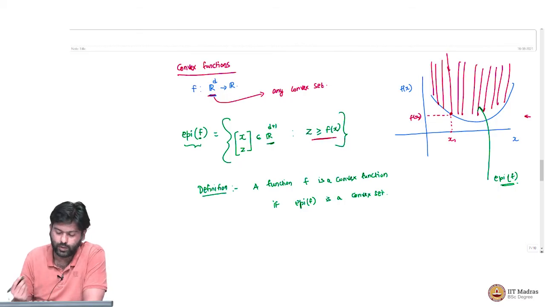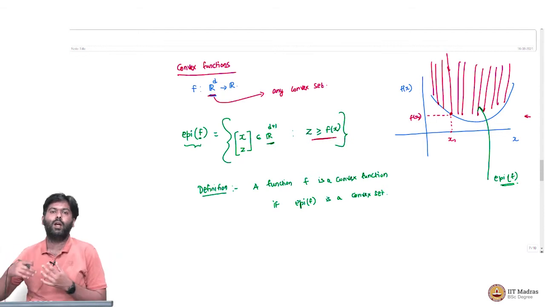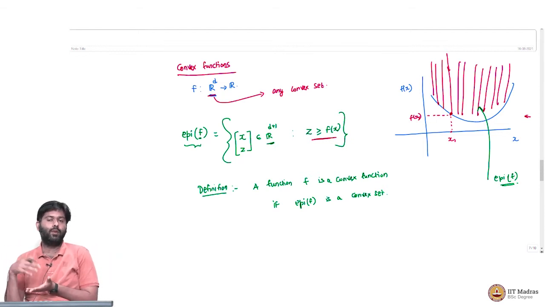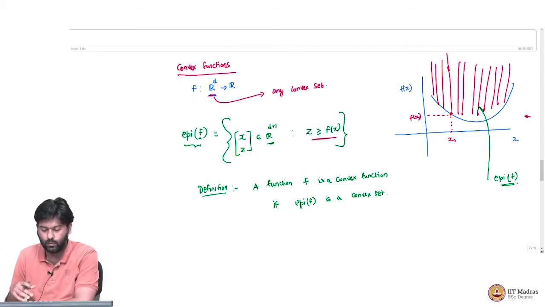That is what I mean when I say it is a convex function. So, this is a definition. So, given a function, I compute the epigraph of the function, and if I see that the epigraph is a convex set, then I will call the function a convex function, right.